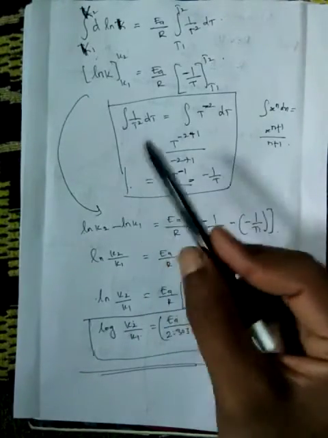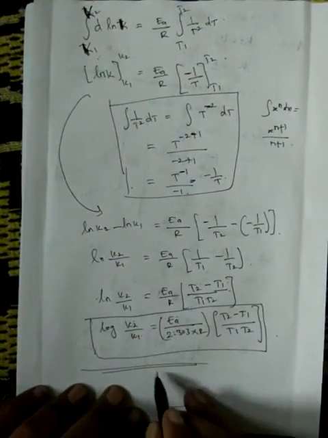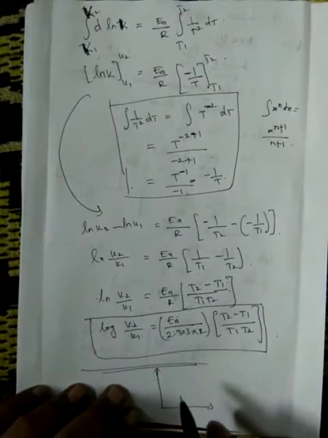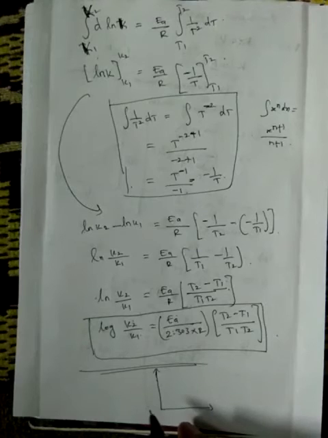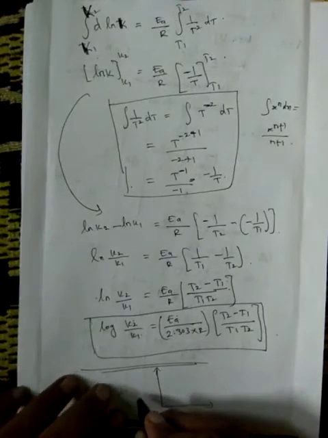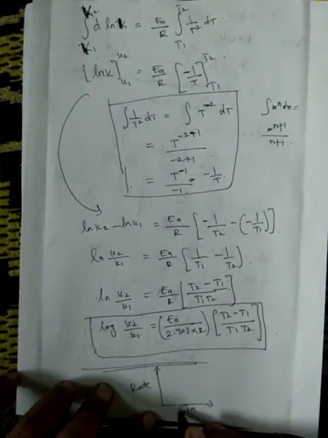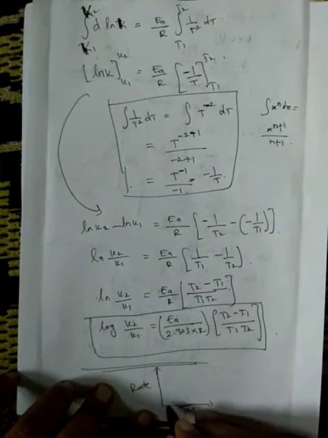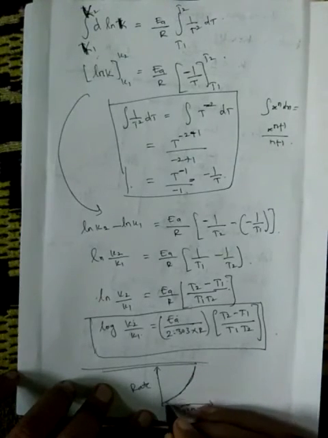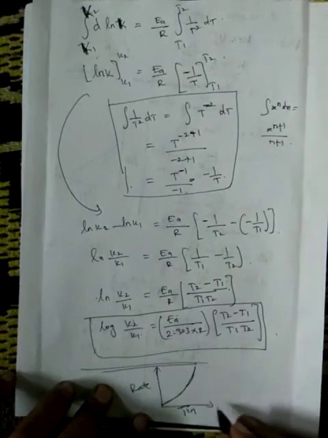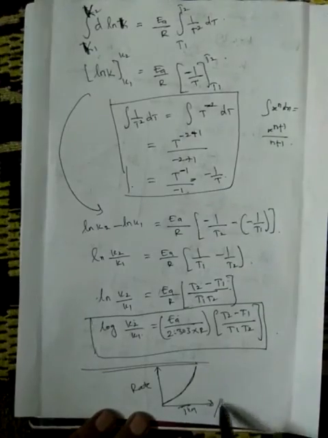That is also true, because for most chemical reactions, if you plot rate versus temperature, you will get an exponential curve. This is true for the majority of reactions. Okay, that's all.